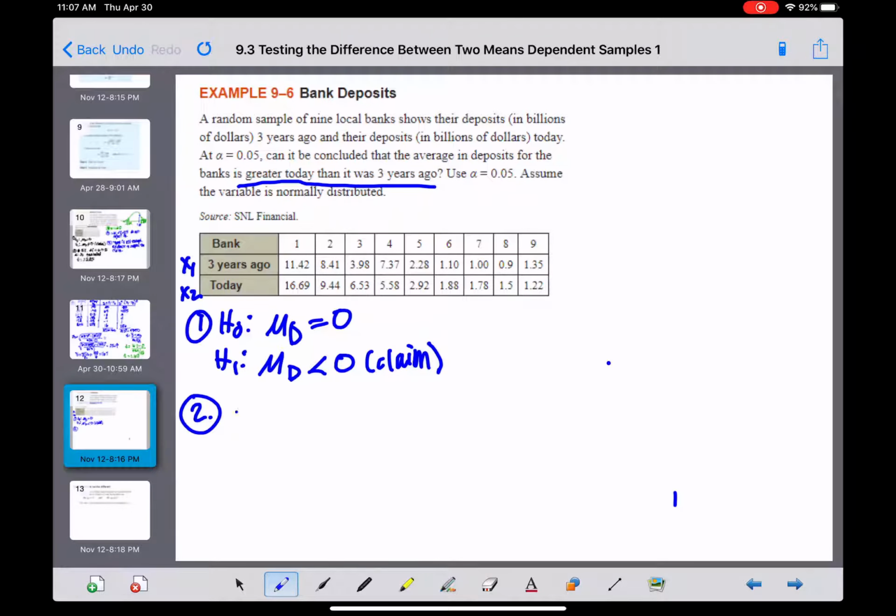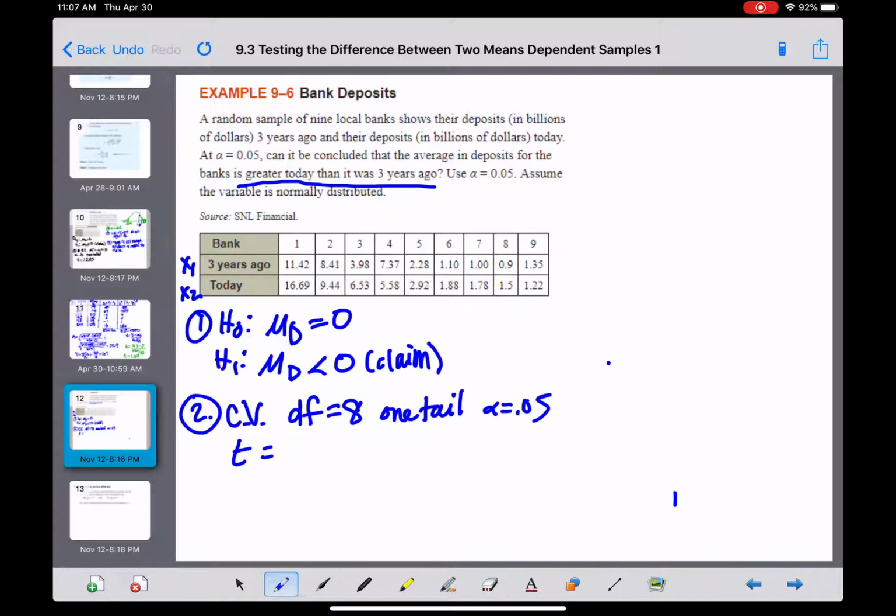The critical value: degrees of freedom is 8 because we have 9. This is one tail at alpha equals 0.05. So go to your T distribution. We have one tail, 0.05.